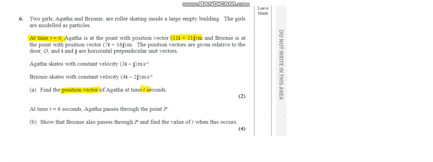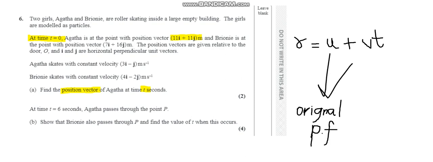If you have studied the mechanics book, you have to remember the position vector formula, and that is r equal to u plus vt. Here u is the original position vector, and r is the position vector at time t seconds.